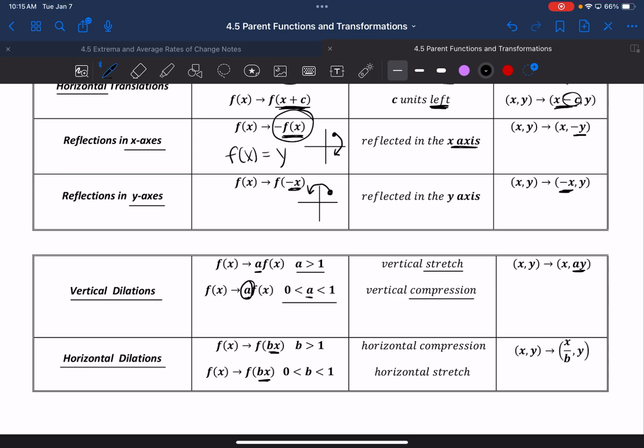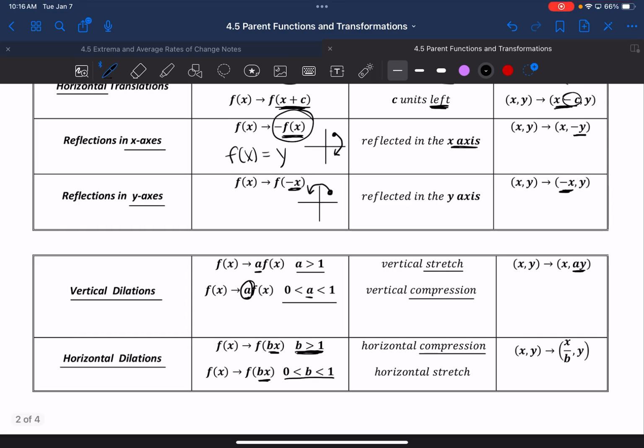And it's going to be the opposite of what we think, because remember, instead of multiplying by that number, we're actually dividing by that number, right? So if I were to divide something by something bigger than 1, like if I divide something by 2 or 7 or 10, it gets smaller, right? So if I divide something by that number, it actually is a compression.